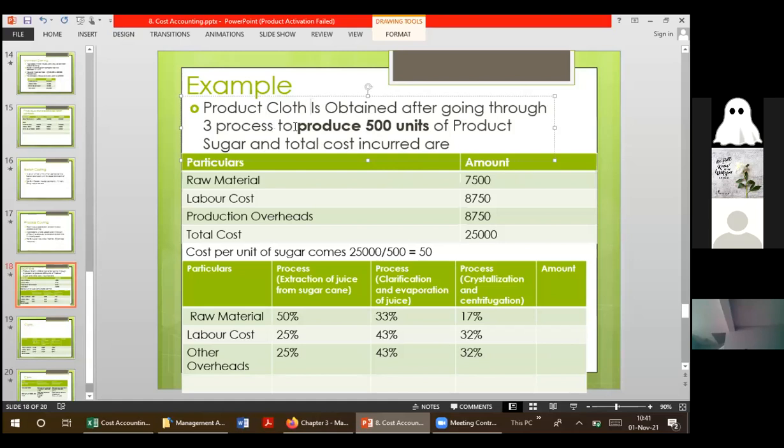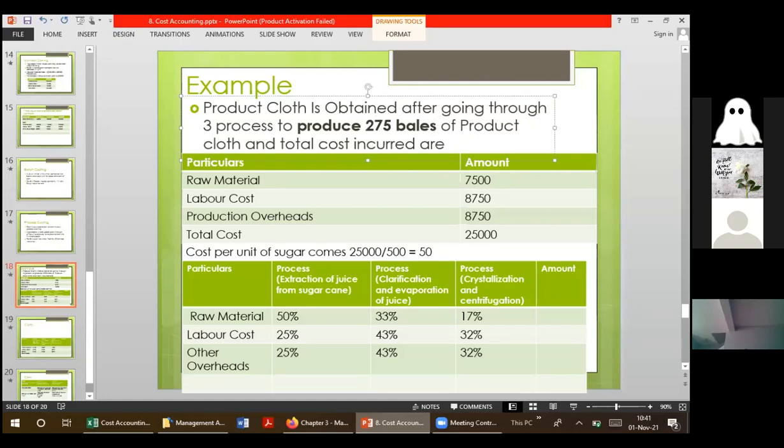Cloth is obtained through three processes, and the company produces 275 units of cloth. So the question can also say, instead of units, like bales, 275 bales of product cloth.